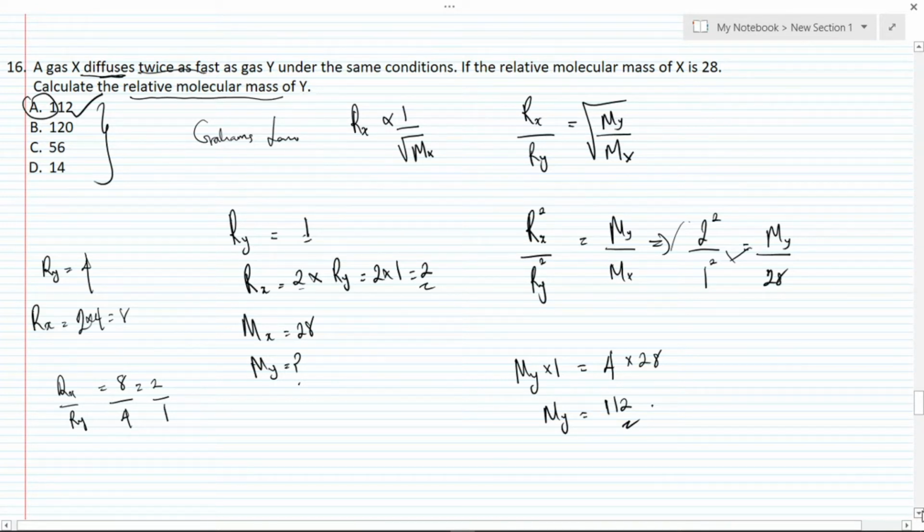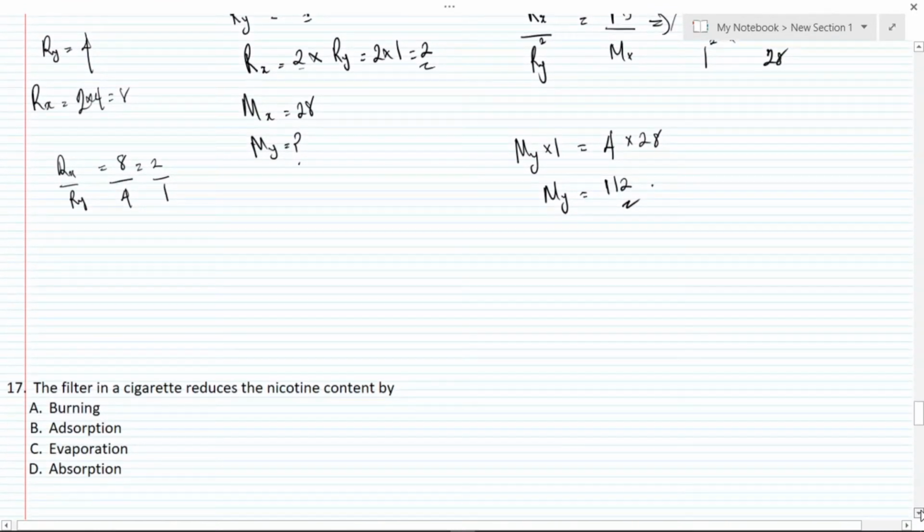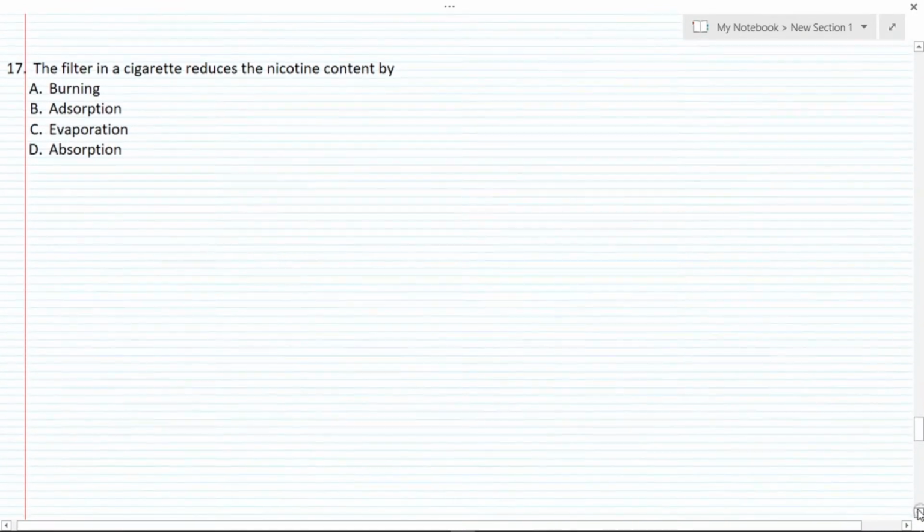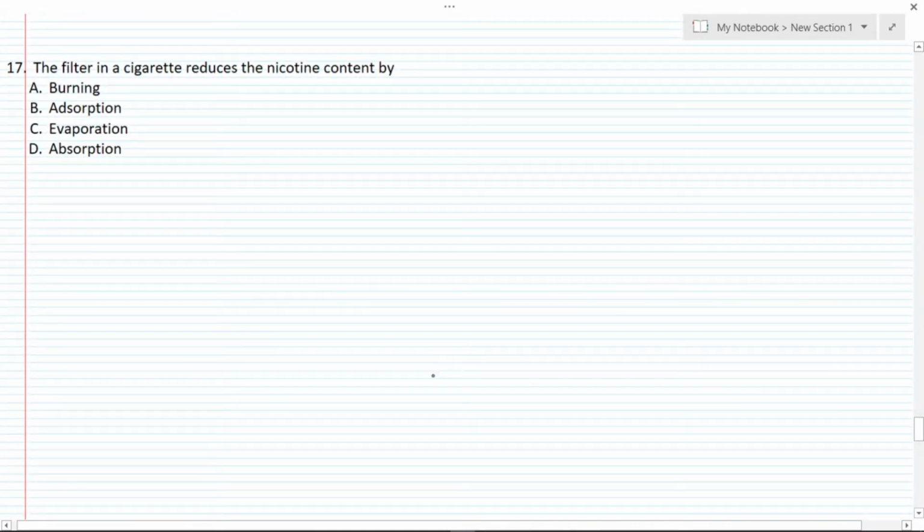So moving on to question 17. Oh, cigarette. The filter in a cigarette reduces the nicotine content by A, burning, B, adsorption, C, evaporation, D, absorption. Let's try to draw how this goes.